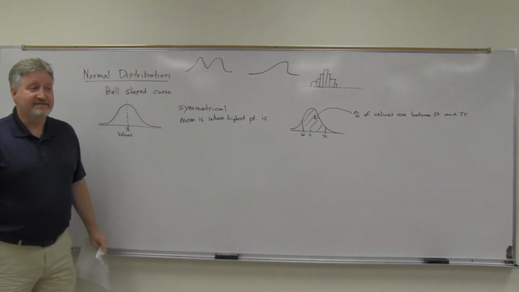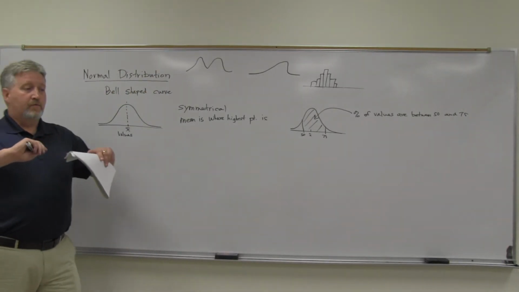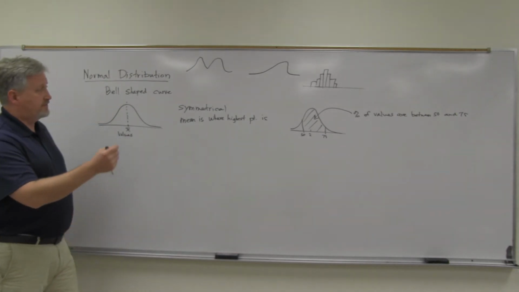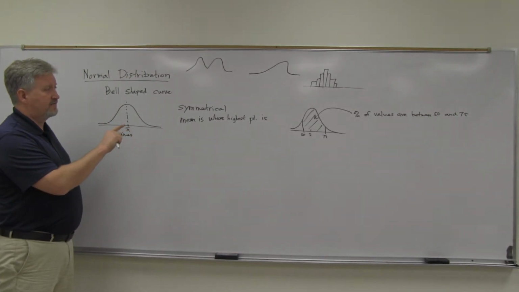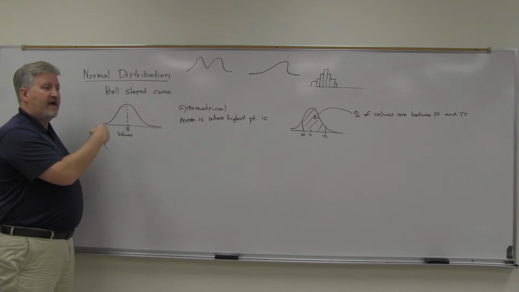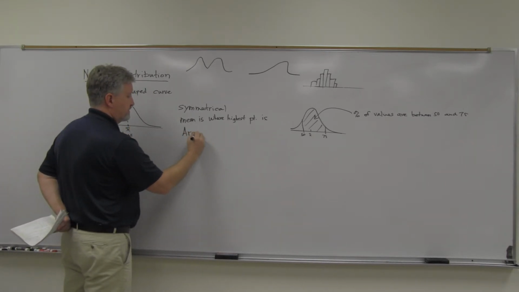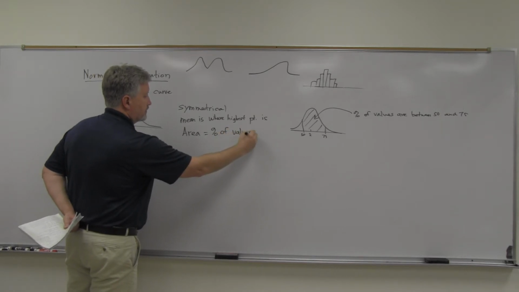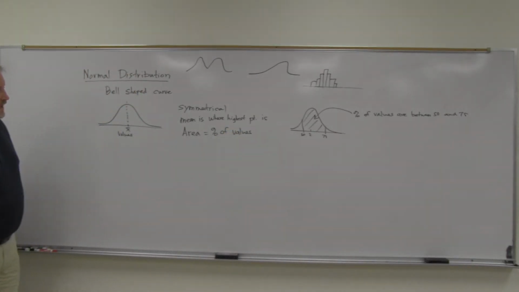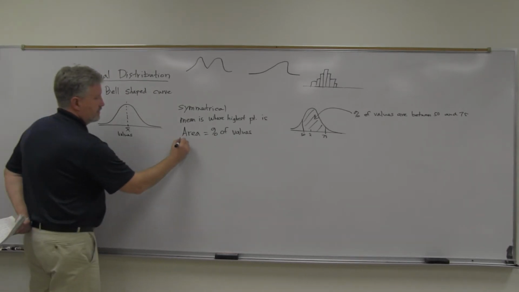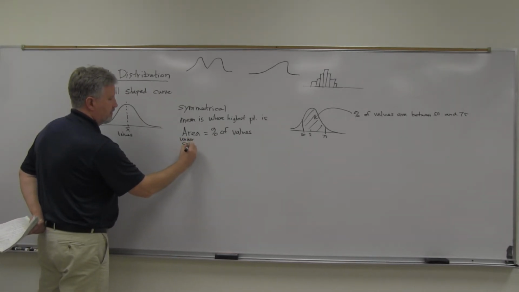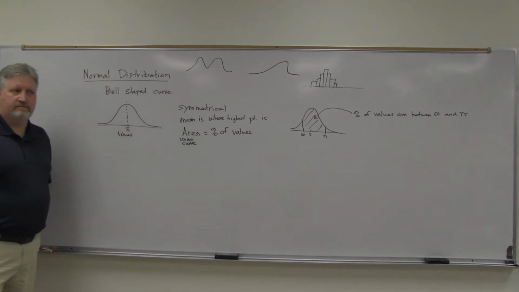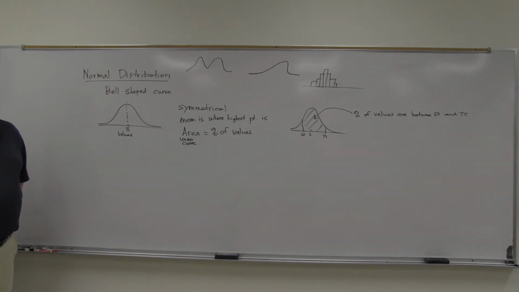What I'm getting at is that I can think of the area under the curve as a percentage of values. So that's a significant notation there. Area under the curve is equal to the percentage of values between certain numbers.